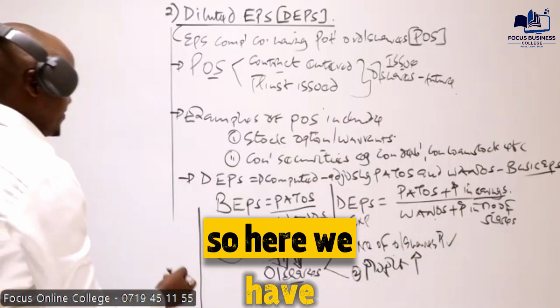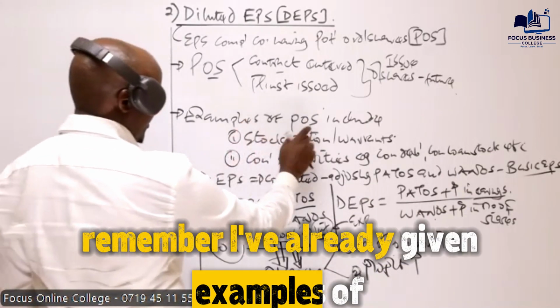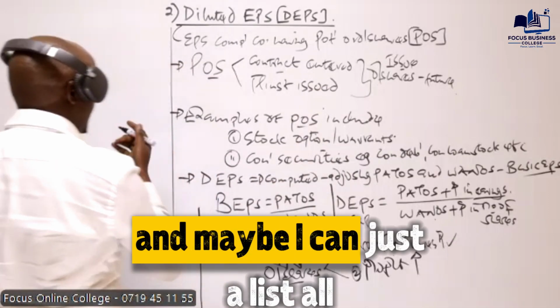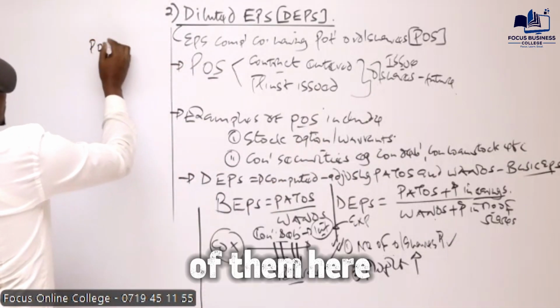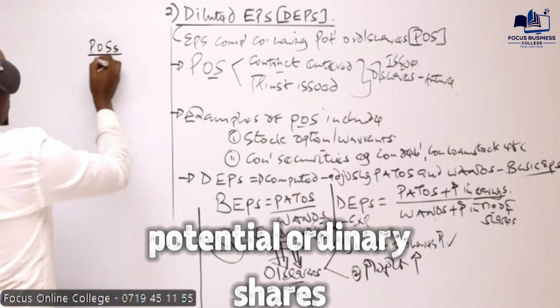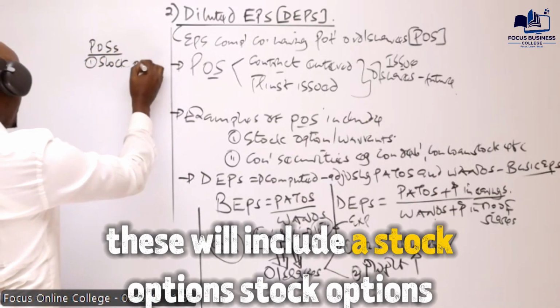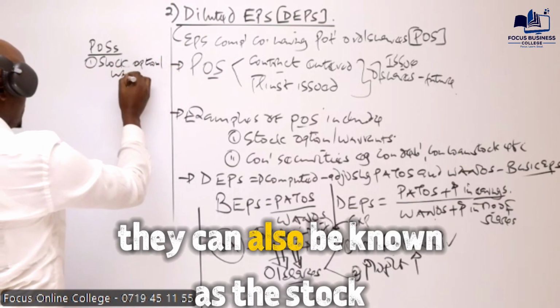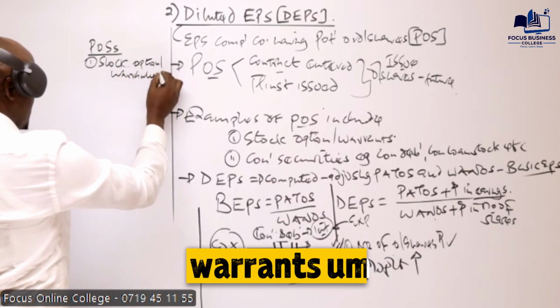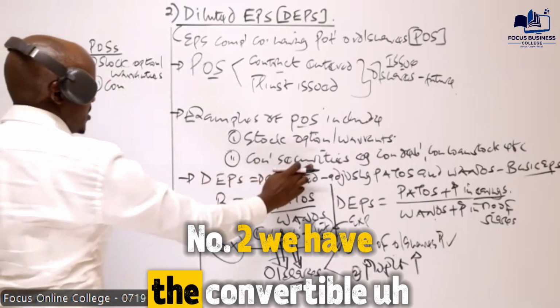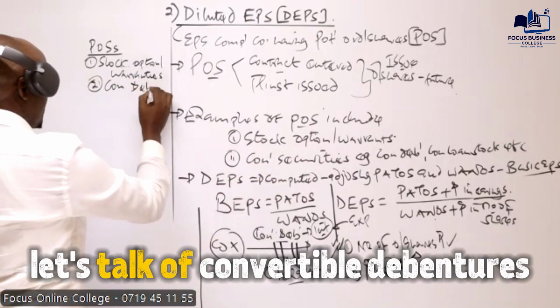Remember, I've already given examples of potential ordinary shares, and maybe I can just list them here. Potential ordinary shares will include stock options, which can also be known as stock warrants. Number two, we have the convertible debentures.